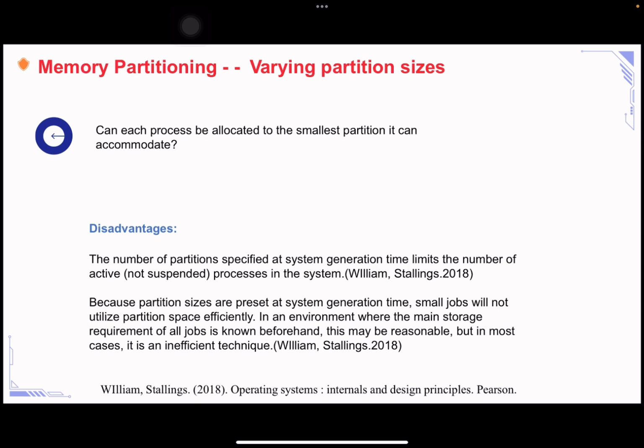The difference is that each process is allowed to be assigned to the smallest partition it can accommodate. The disadvantage is that the number of partitions specified at system generation time limits the number of active processes in the system.